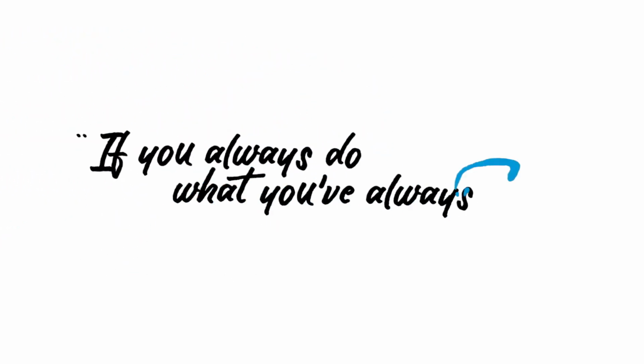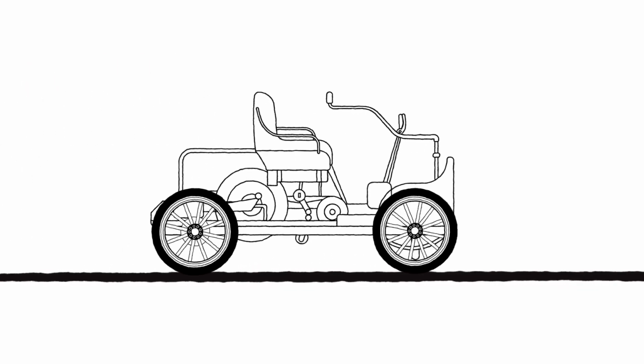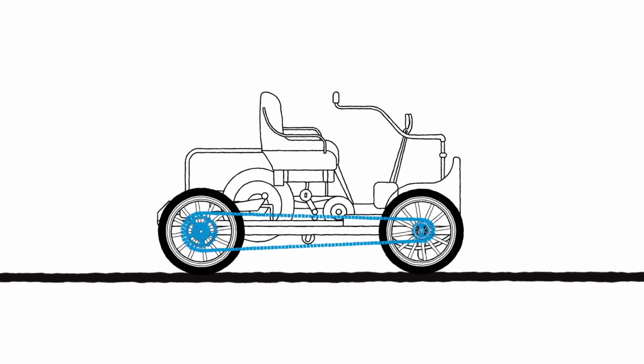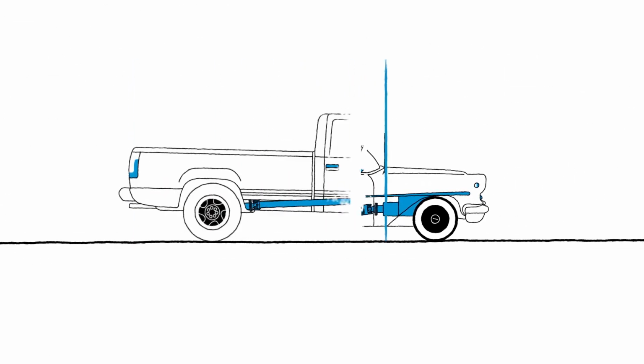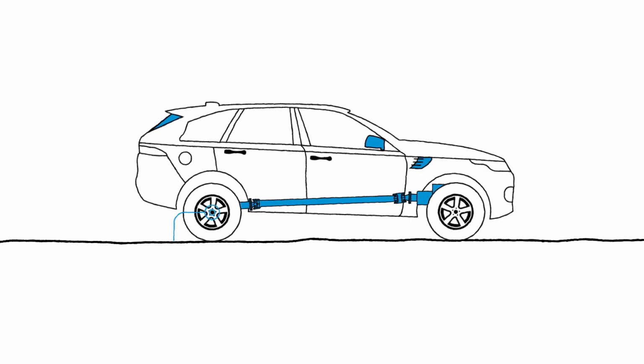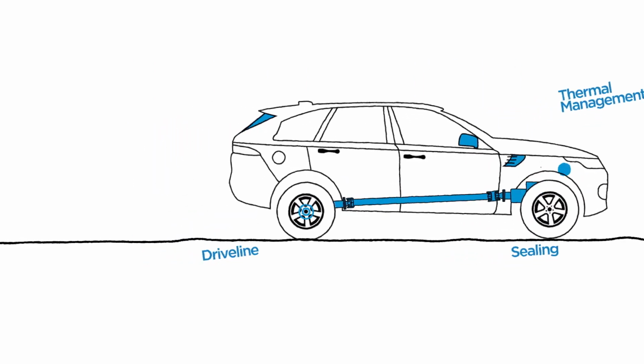There's an old saying, if you always do what you've always done, you'll always get what you've always got. Some might see that as a negative, but what if what you've always done is find a better way and end up with a better result? A better way to convey power, eliminating sprockets and chains by inventing the encased universal joint, unchaining the automotive industry. A better way to engineer integrated powertrains, a better way to move vehicles forward.